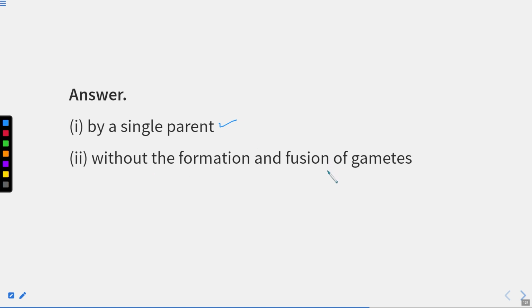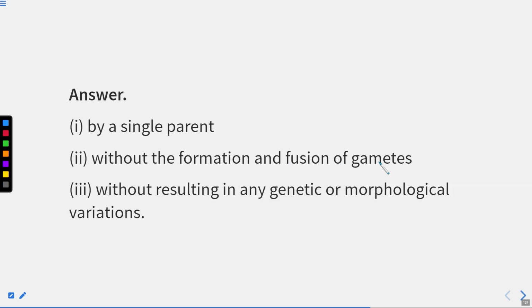Here, gametes are not formed, and there is no fusion of gametes. Formation and fusion of gametes takes place only during sexual reproduction. Here also there is no formation of gametes. So vegetative reproduction is similar to asexual reproduction. And what happens in vegetative propagation as well as asexual reproduction?